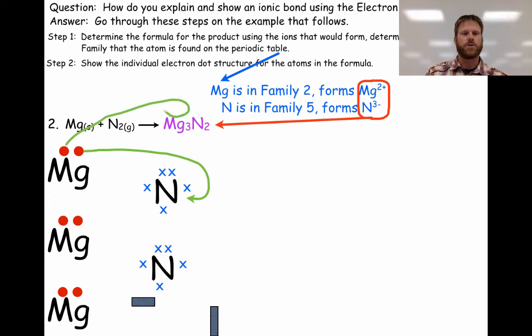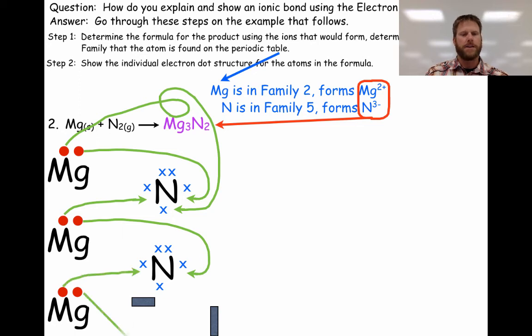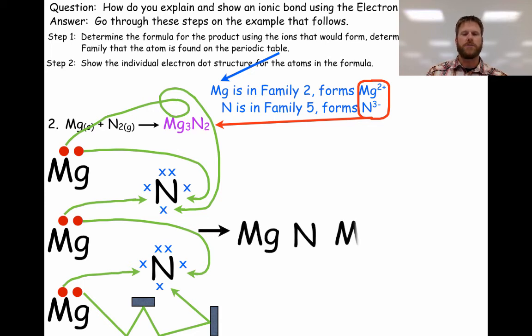So we just have to show the transfer of electrons to these different positions in the nitrogen atoms. And the nitrogens are going to gain the 3 electrons. The magnesiums are going to lose their 2 electrons. So when we draw this as a compound, we're going to alternate magnesium, nitrogen, magnesium, nitrogen, magnesium.